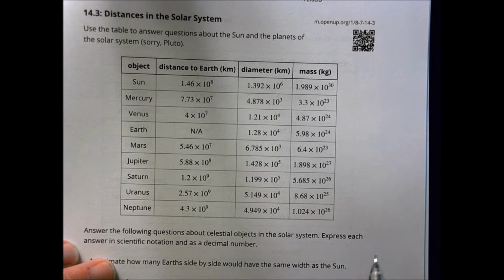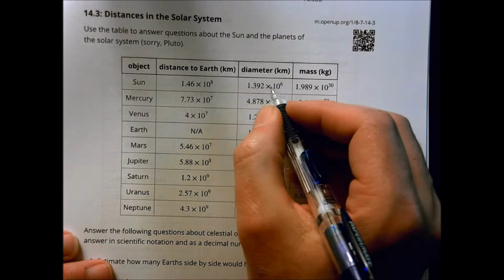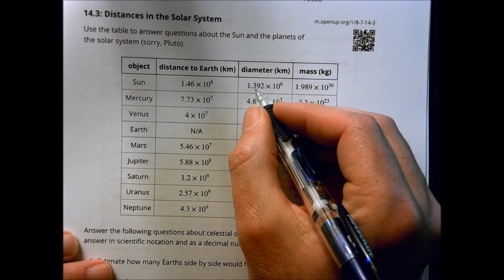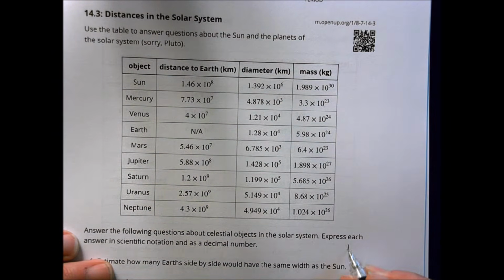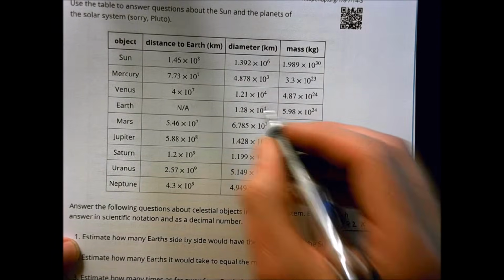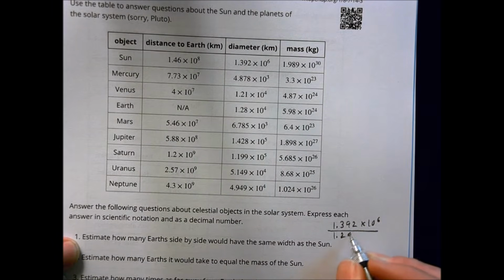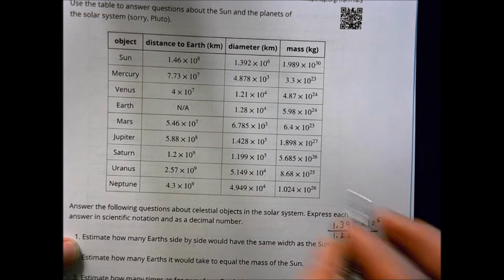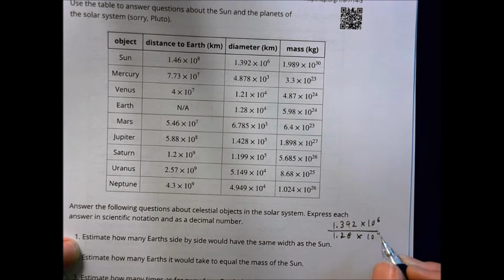The sun, in terms of its diameter, is 1.392 times 10 to the 6. And we're going to see how many Earths would fit there. That means we can divide it by how much one Earth is, which is 1.28 times 10 to the 4th power.